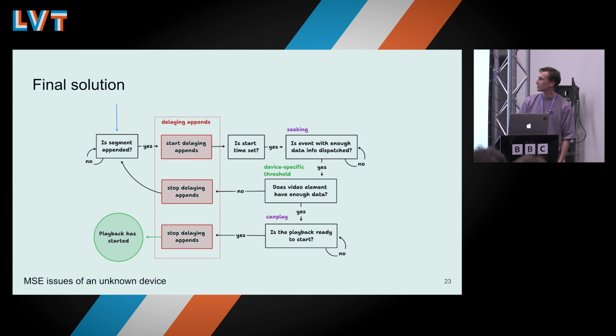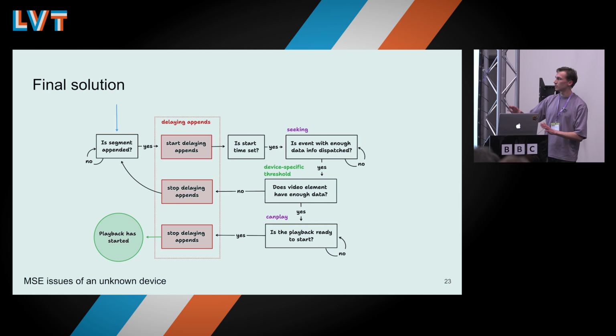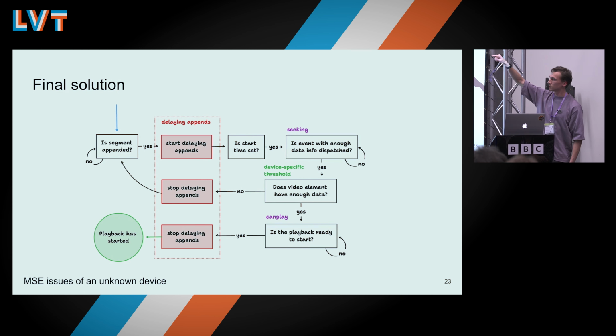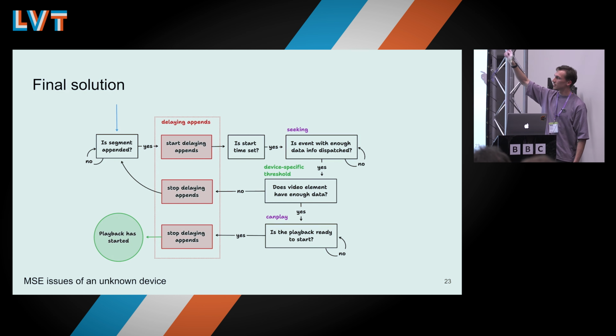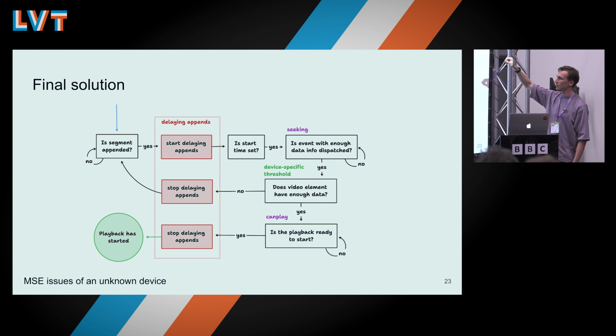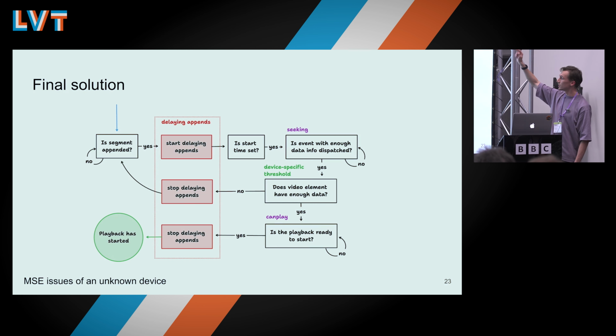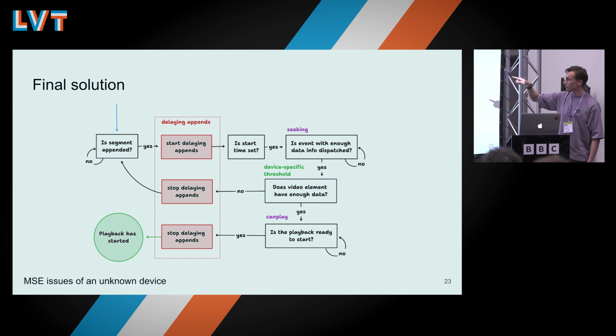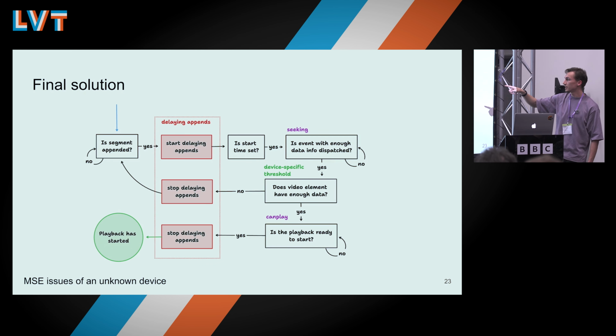So what we have now is the state machine of how it works. We start when the first segment is appended, we start the delay and append. Then if start time is set, it means we will have a second event, which we get with the update information dispatch. We use the second event for the threshold. If we have it, we ask, do we have enough data?